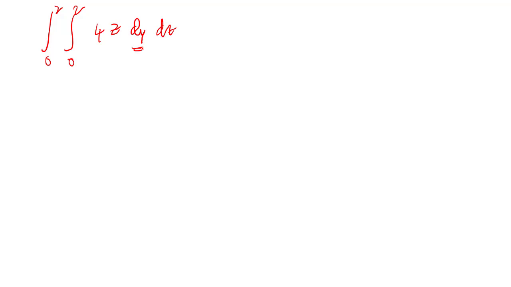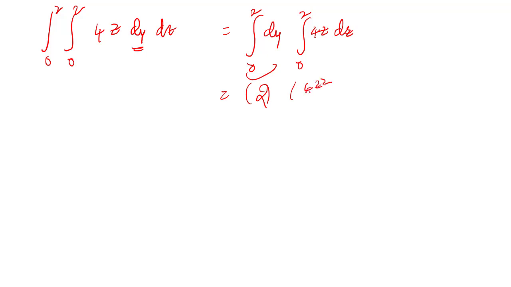So dy simply integrates to give me the integral from 0 to 2 of dy, and the next term is the integral from 0 to 2 of 4z dz, right? So the first term gives me the number 2, and the second term gives me 4z squared by 2 if I integrate it, and I go from 0 to 2, and that gives me 2.